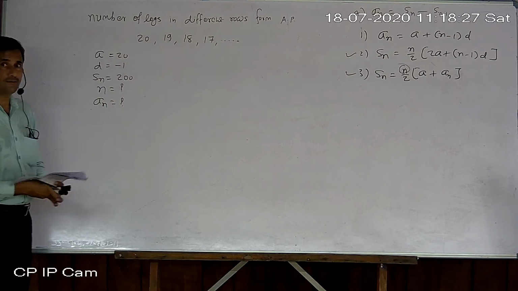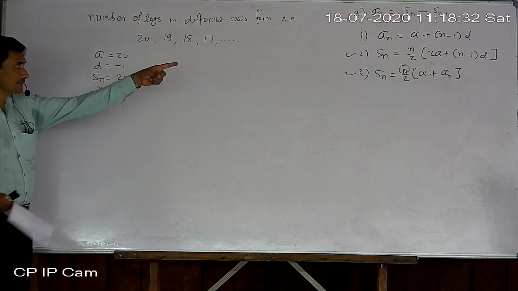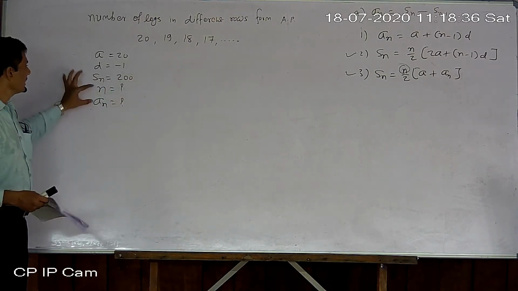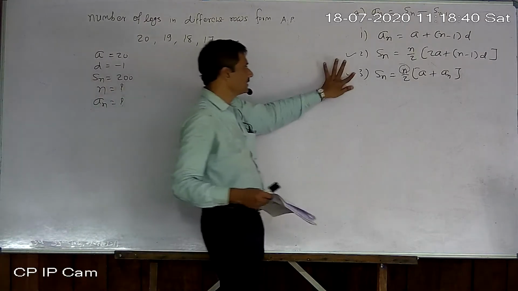Now look at the second one. In the second one, except n, everything is there. The third one is also not applicable because n and an are not given. So only the second one is applicable here.